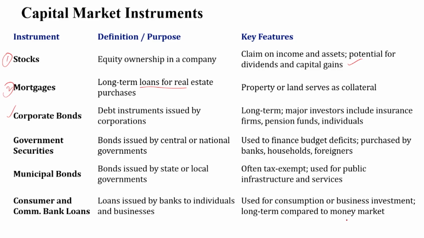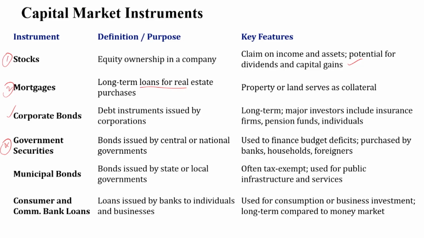Then, the fourth instrument is government securities. These are bonds issued by the central or national government to finance budget deficits and other expenditures. They are considered low risk and are widely held by banks, households, and foreign investors. These securities form the backbone of sovereign debt markets.